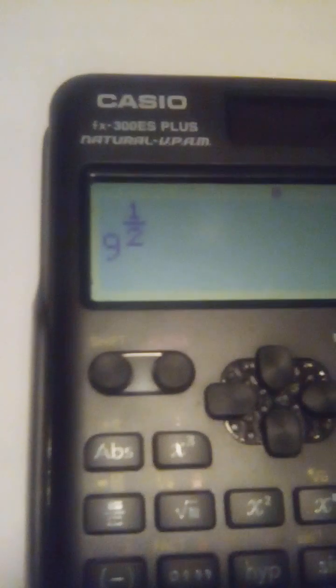We got 9, parentheses. When you get this in your calculator, make sure you're correct. We got 9 and exponent 1/2. Do you see 3?